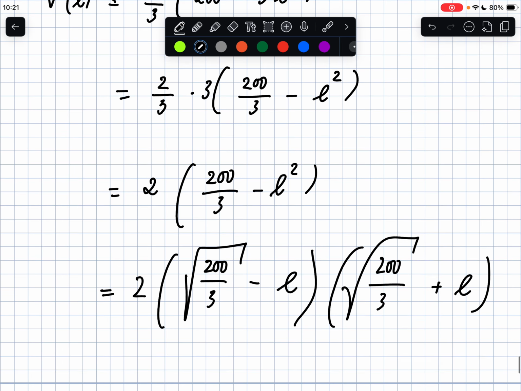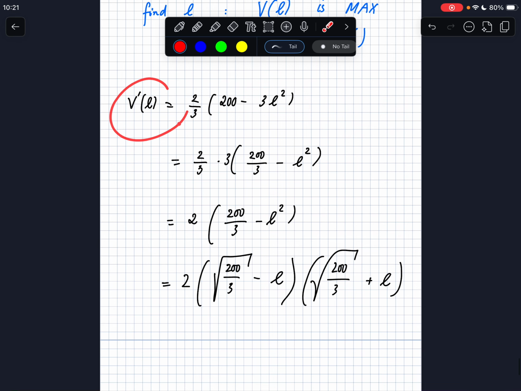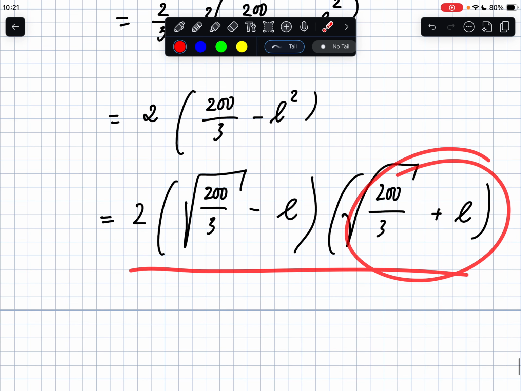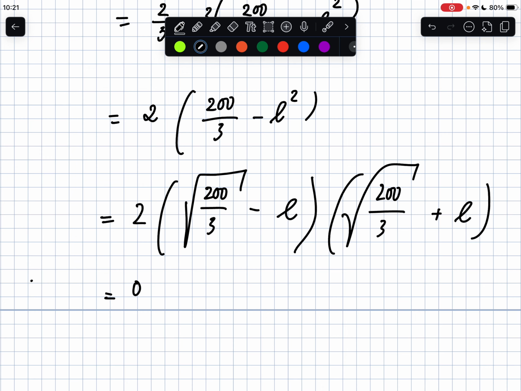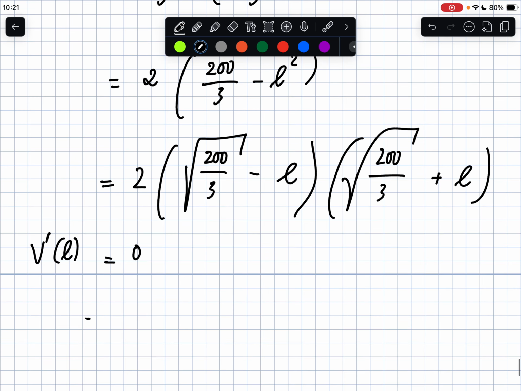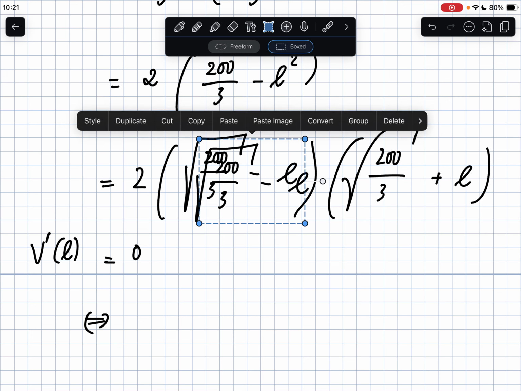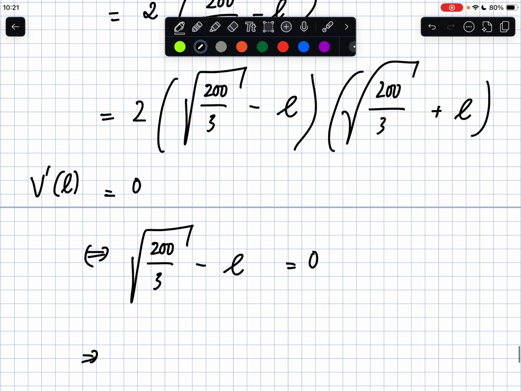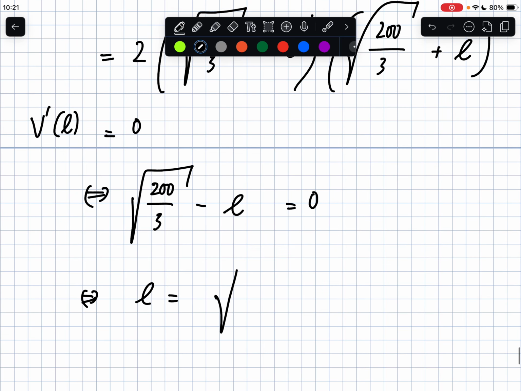We want the critical point. This one is always positive. So V prime of L equals 0 if and only if this term is 0, if and only if length equals the square root of 200 over 3.